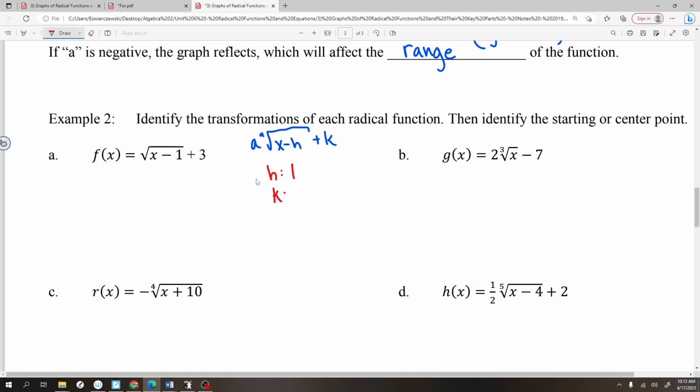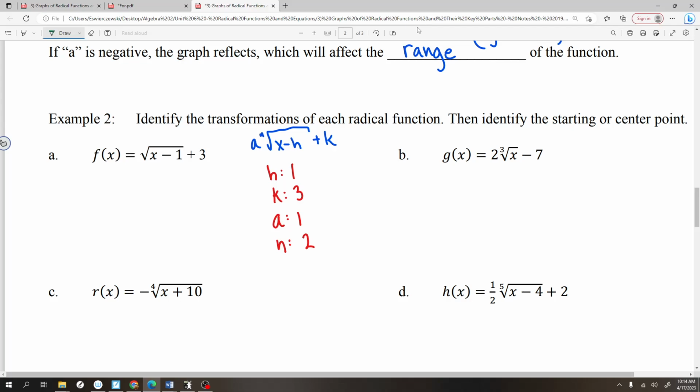What would k be? 3. What would A be? 1. And what would N be? 2. Good. Remember, the 2 is implicit now. Be careful.